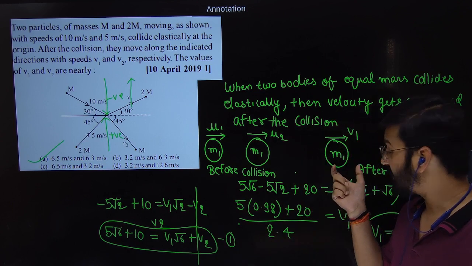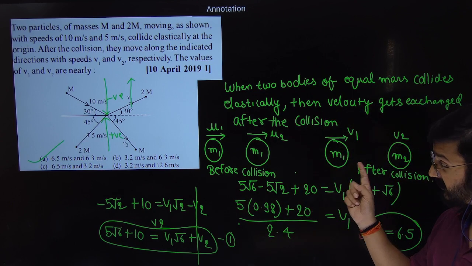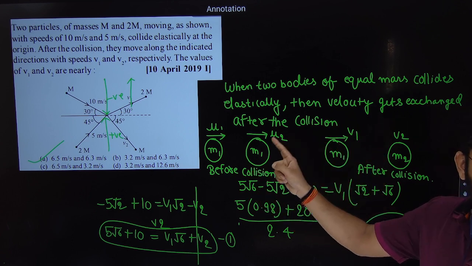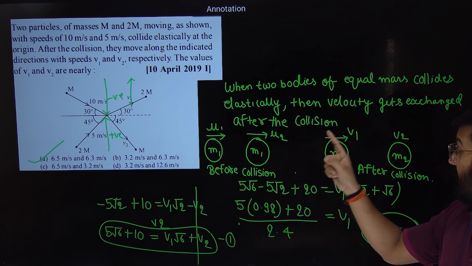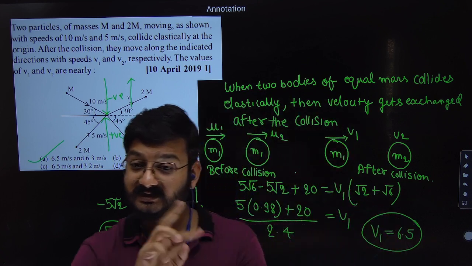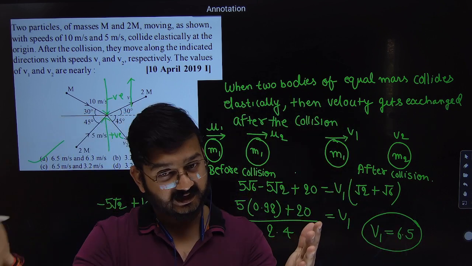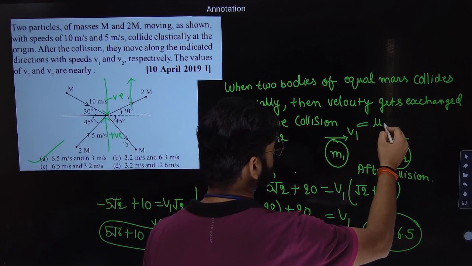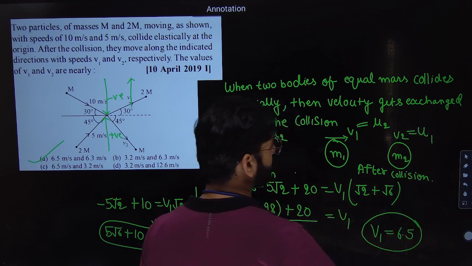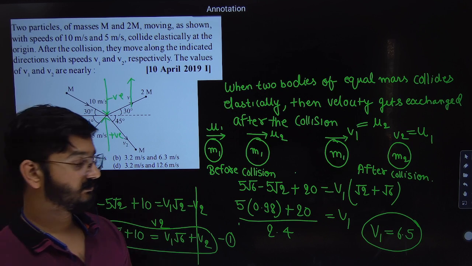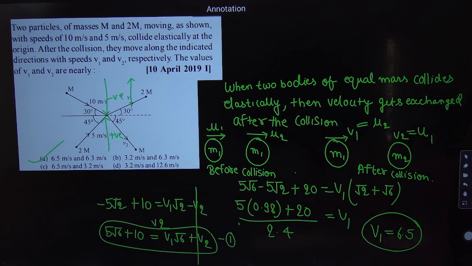So v1 will be equal to u2 and v2 will be equal to u1. That is the meaning of velocity gets exchanged. First becomes second, second becomes first. Make a note of this, but do remember the condition under which it holds true. Don't apply it everywhere.